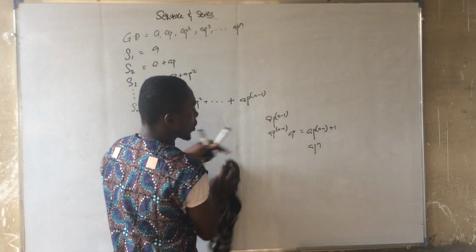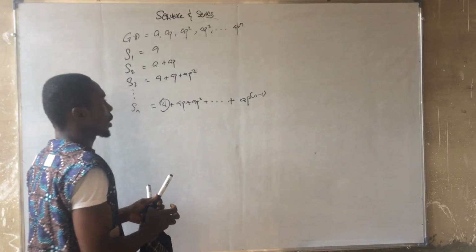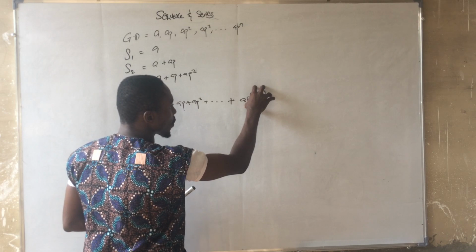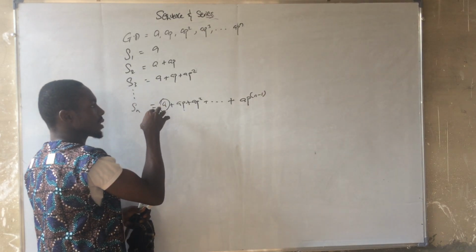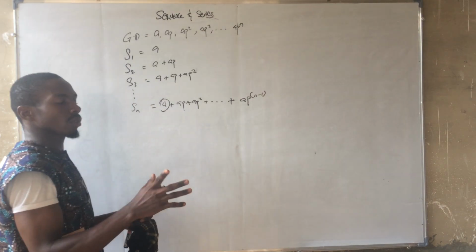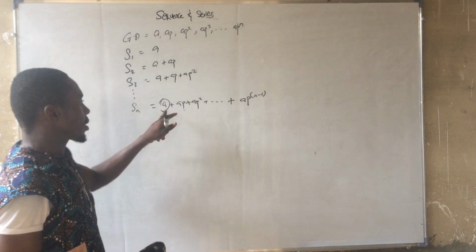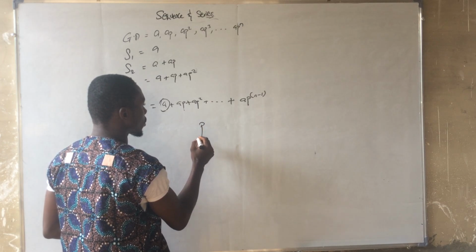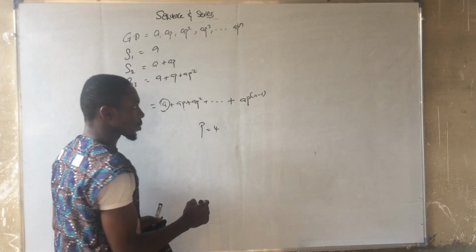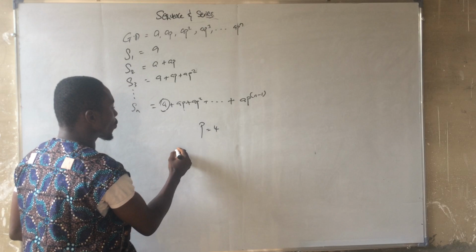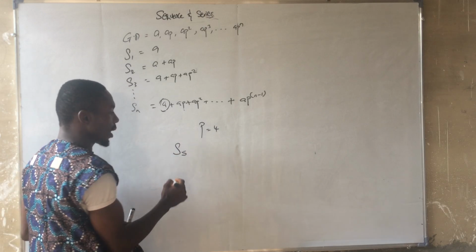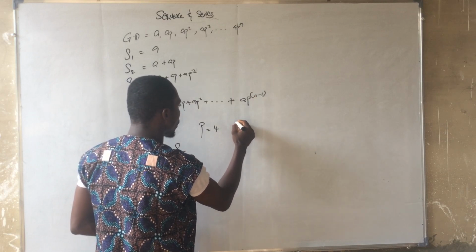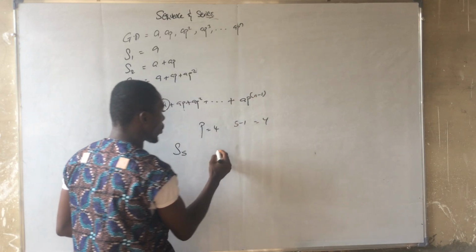Alright, so now we see that. So this is the term. For example, this P raised to the power n minus 1 is this term. Now if n is 5 and we are asked to find the first 5 terms, it simply means that n minus 1 is 5 minus 1, which gives us 4.